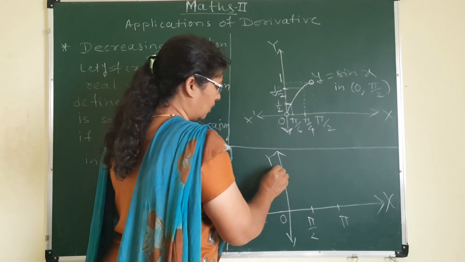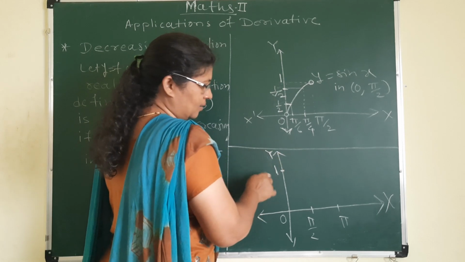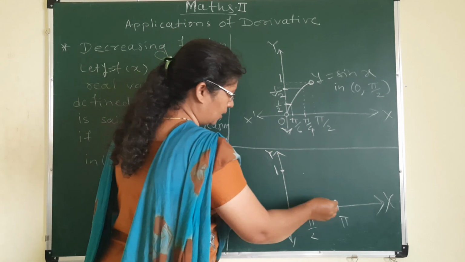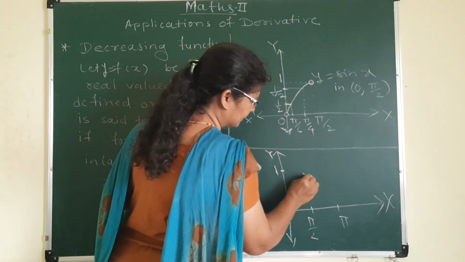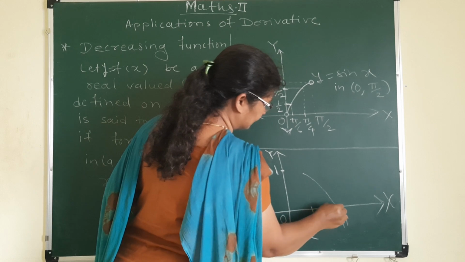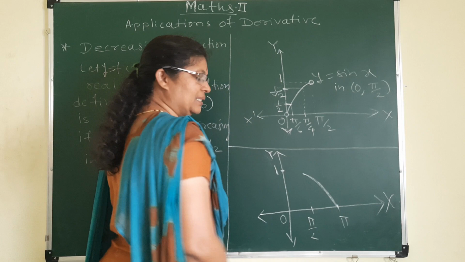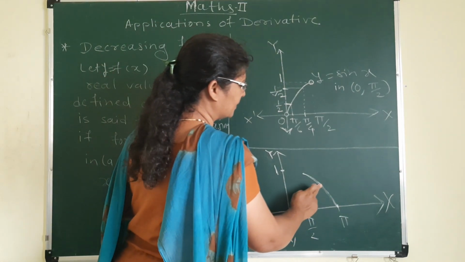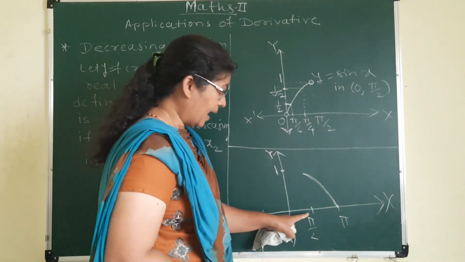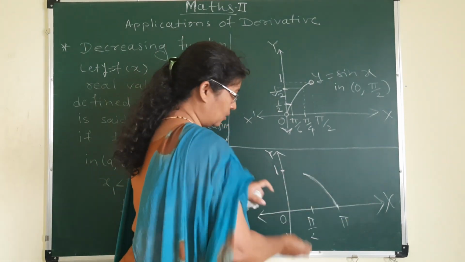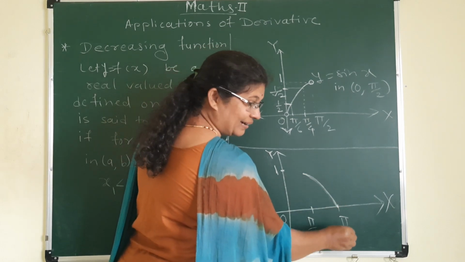Suppose this is where the value of y is 1. Up to this point, now the graph will be like this. Look, from where I have started, as values of x increase, values of y are decreasing.